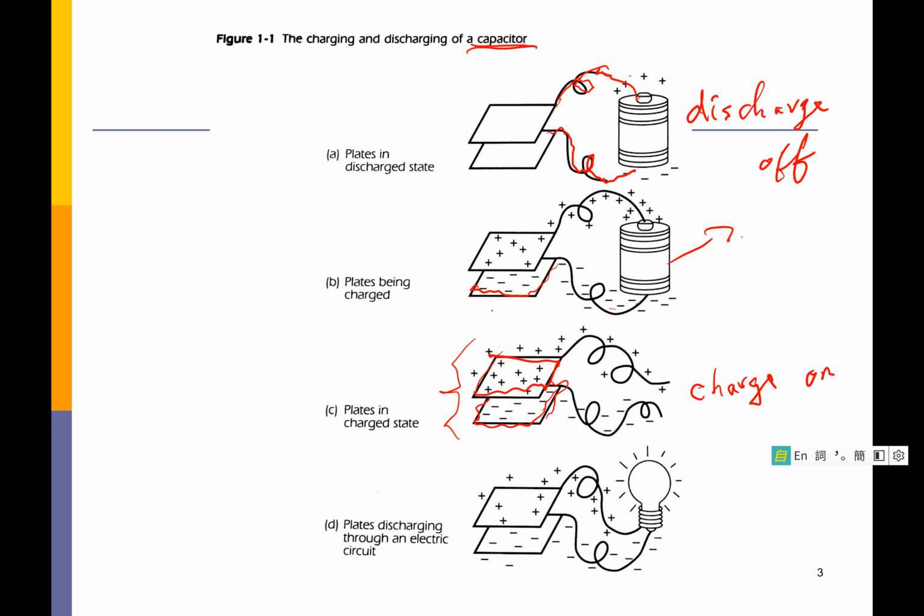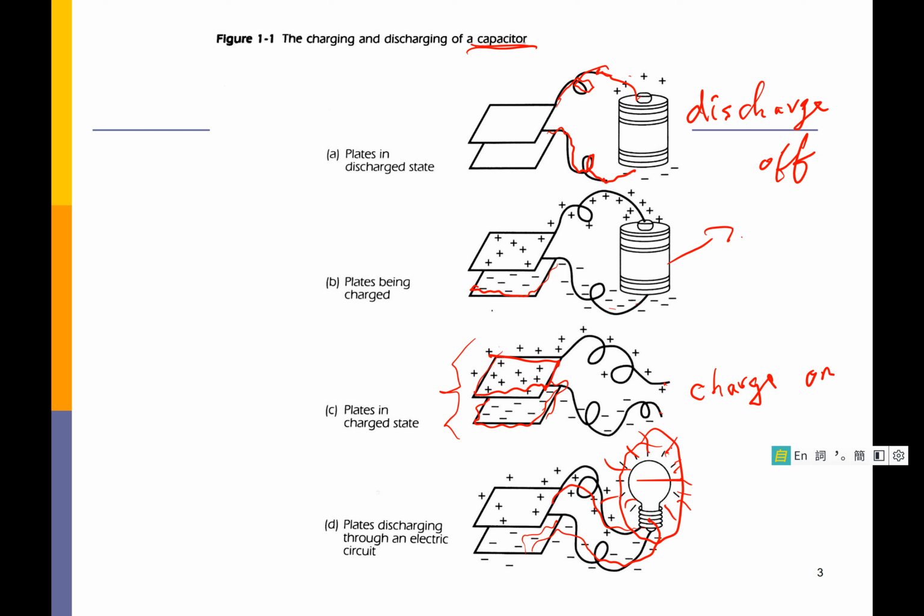Then we connect these two wires to a bulb. Okay, to a light bulb. Now the light bulb will light up. Okay, and then the electrons will go through this light bulb and come back here and neutralize the protons.